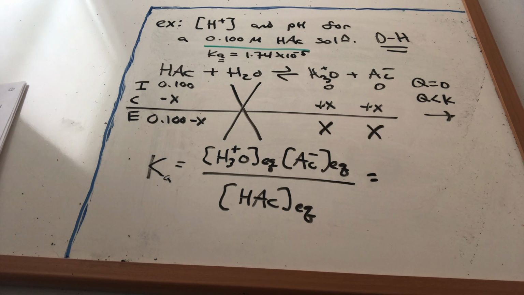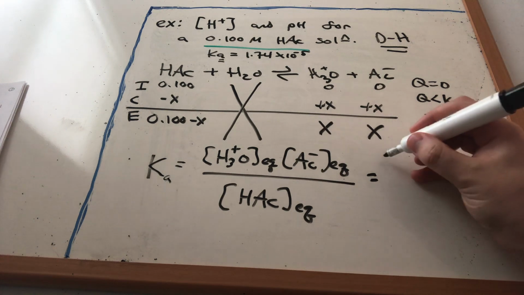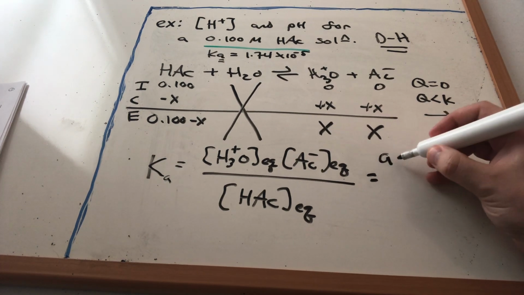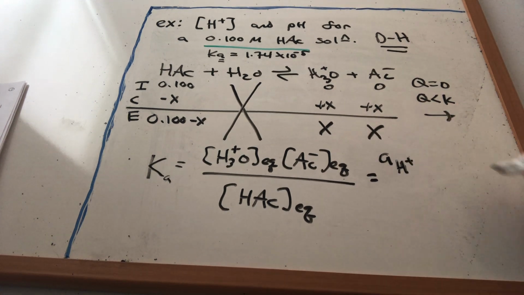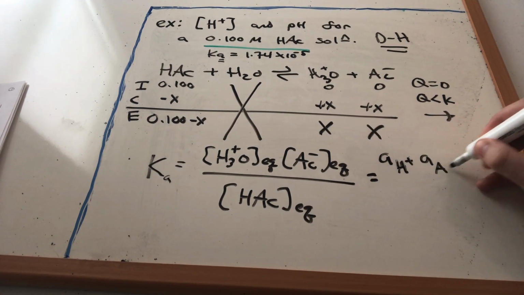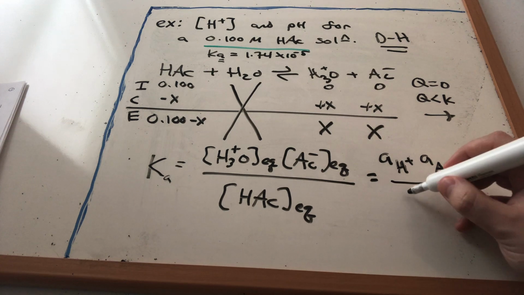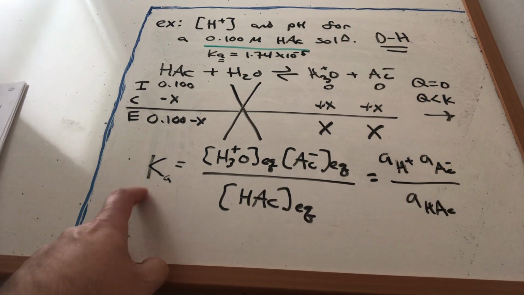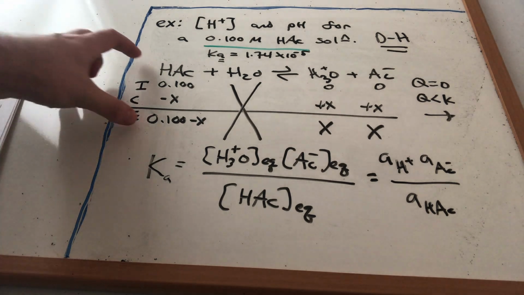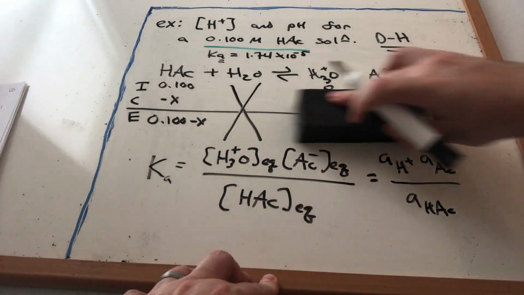But like I said, let's give it the ability to see if the activities can change our answer. Let's rewrite this in a more appropriate way: the activity of H3O plus, which I'm just going to write as the activity of H plus, times the activity of acetate, divided by the activity of HAC. That's the real Ka. Keep this ice table handy. We're going to use it.